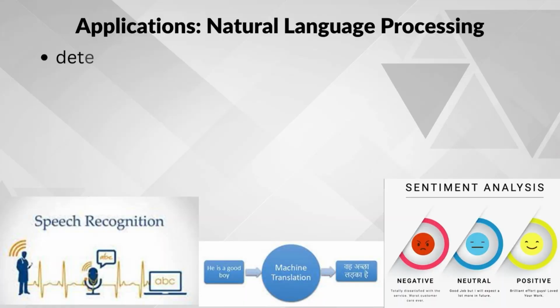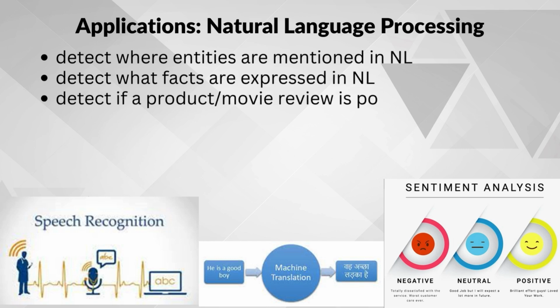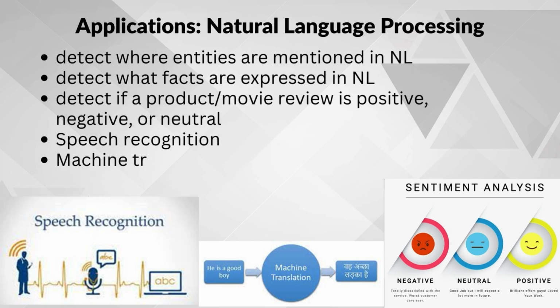Another application of machine learning is natural language processing. It is nowadays a very popular and a very important application. Here the system is trained to learn natural language. Natural language means the language which is spoken by us, like English, Hindi, Bengali, Punjabi, etc. What is the challenge in NLP applications?